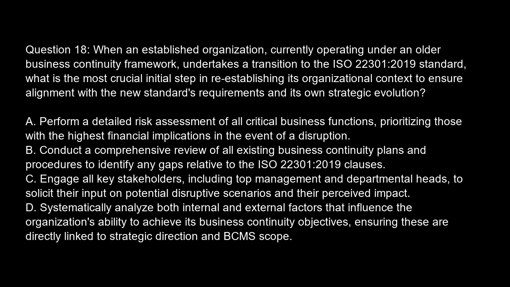Option C. Engage all key stakeholders, including top management and departmental heads, to solicit their input on potential disruptive scenarios and their perceived impact. Option D. Systematically analyze both internal and external factors that influence the organization's ability to achieve its business continuity objectives, ensuring these are directly linked to strategic direction and BCMS scope.